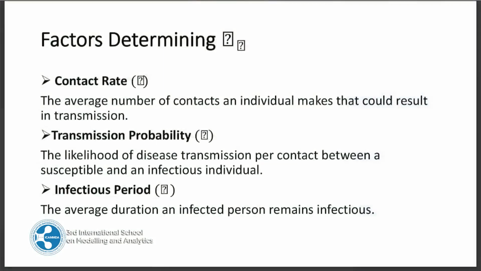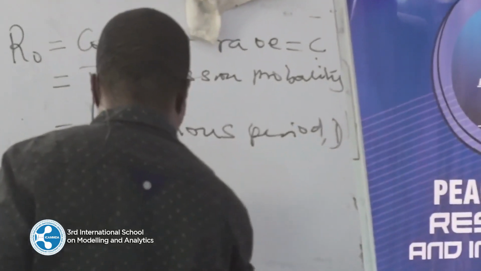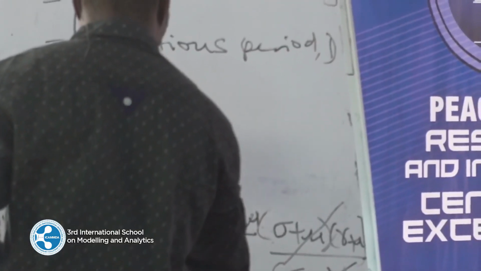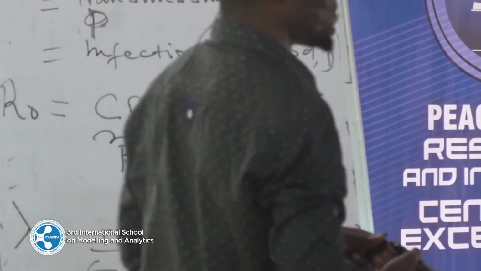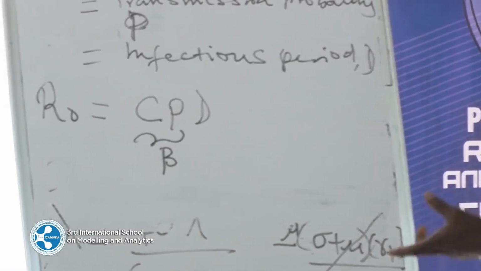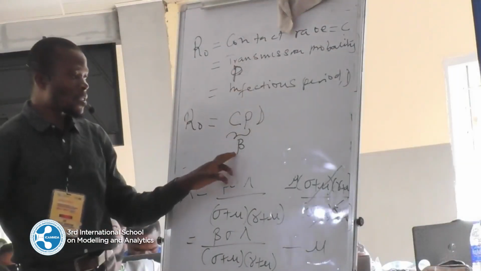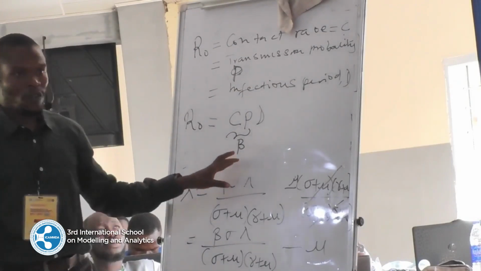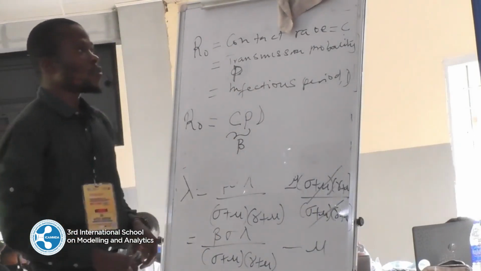And you know, like yesterday we said that beta that we saw in the transmission is a product of two things. It will mean that the product of this and this gives what? It accounts for beta. The product of contact rate and the transmission probability is what gives us the transmission rate.